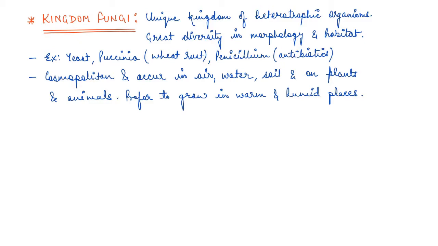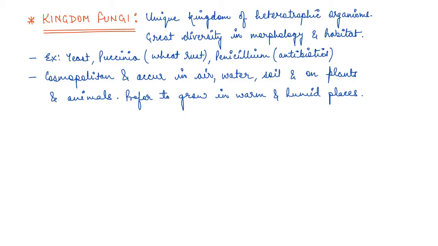Basically that bluish greenish mold that you see is a fungus. But you also eat a fungus in the form of mushrooms, and you use them in medicines as well in the form of penicillium. So you can see how diverse they are in morphology and habitat, right?